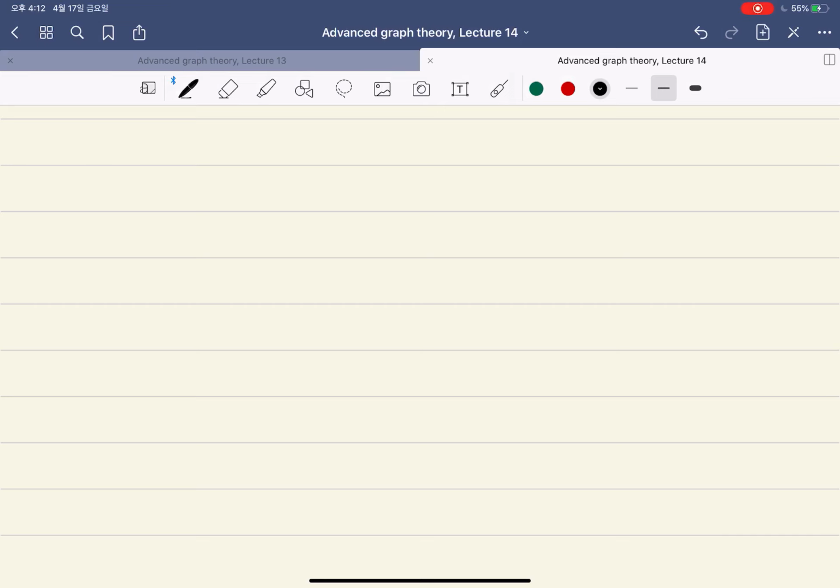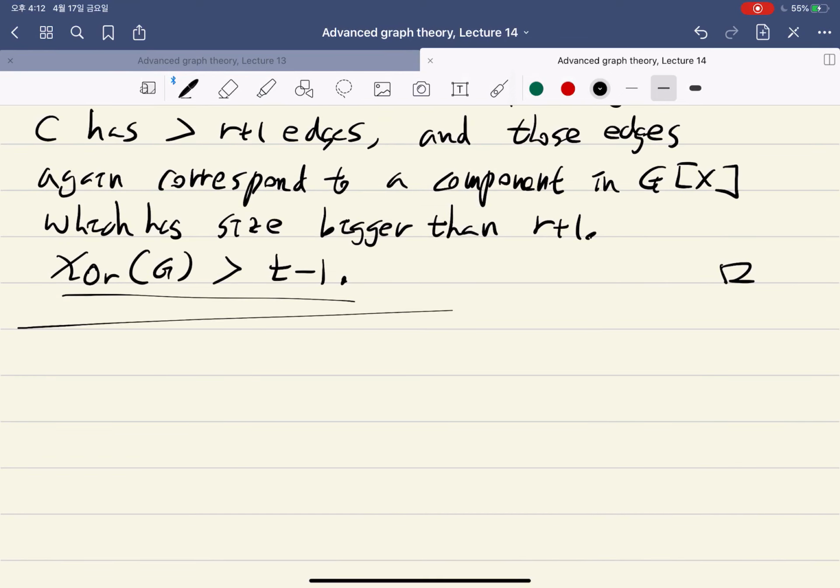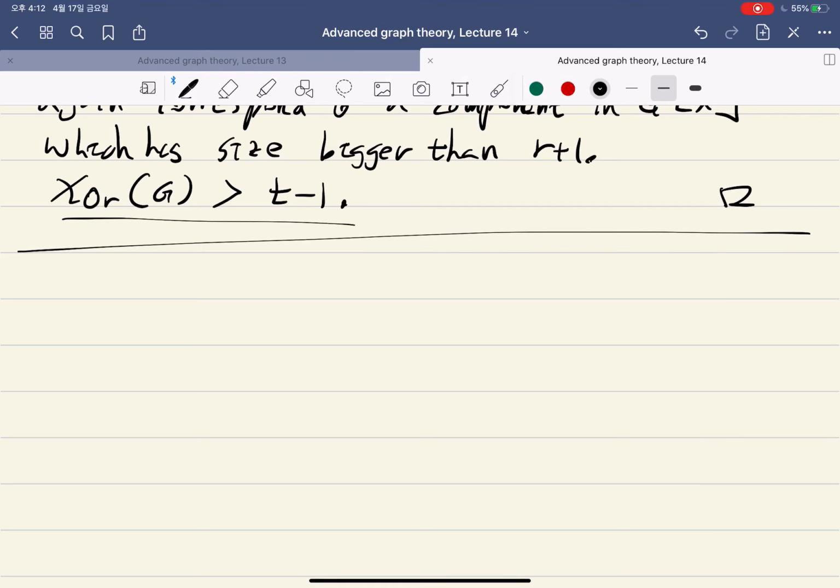So we learned about several generalizations of coloring. And one of the things that we have proved is Brooks' theorem.